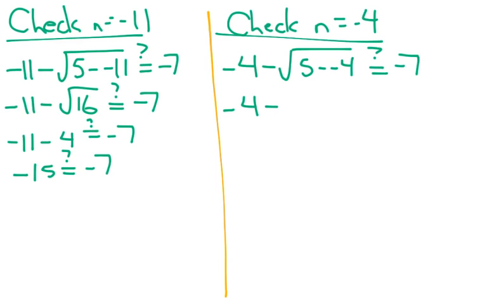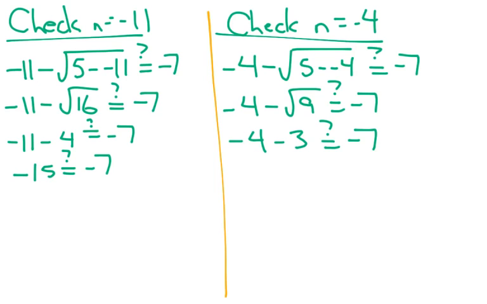So on the left, under the root, we have 5 minus negative 4, otherwise known as 5 plus 4, which would be 9. Square root of 9 is 3. And we can see at this point the left side is going to work out to negative 7 just as the right side does. So negative 4 is a good solution.